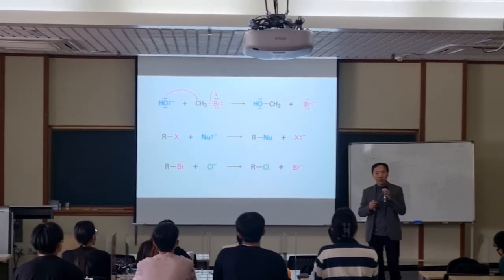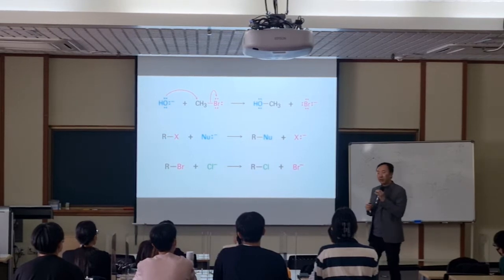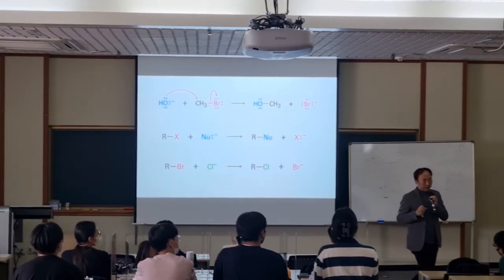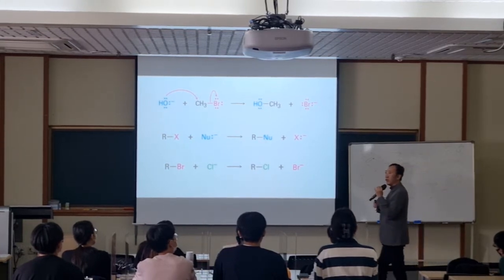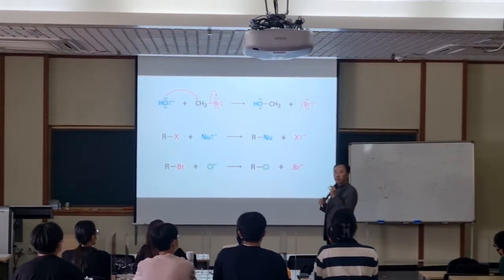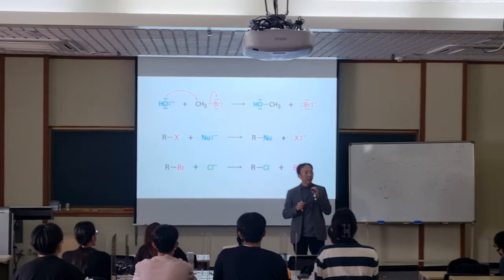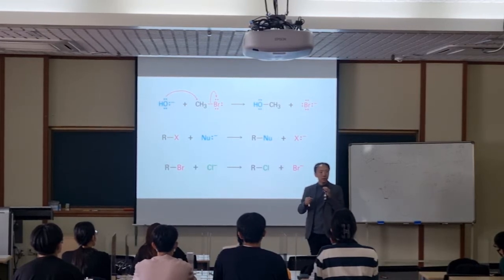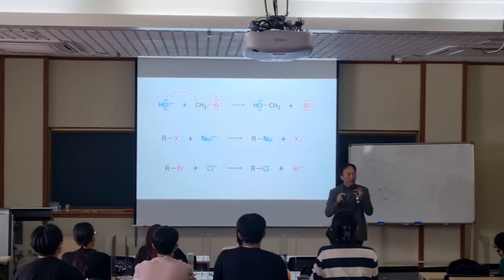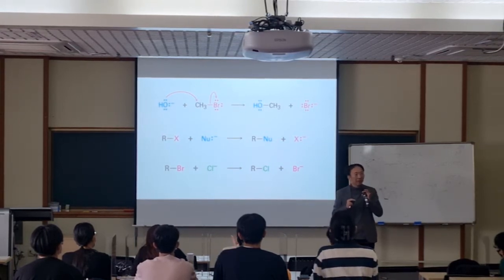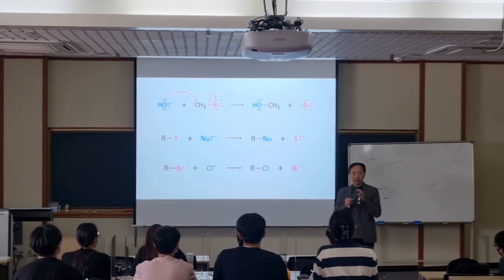Then which one? Electronegativity. Electronegativity can define maybe basicity, and in general, a stronger base has stronger nucleophilicity. That's true, but depending on the conditions, that may not be the determining factor.